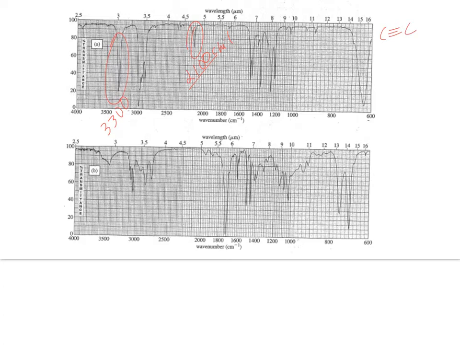And in this area between 3000 and 3400, you have either OH or NH or CH. And so this is actually a terminal alkyne. So the structure for that would match this compound here from above.